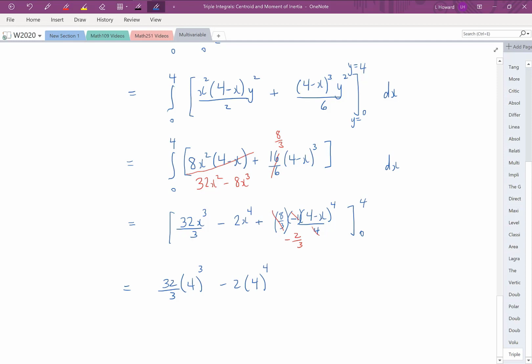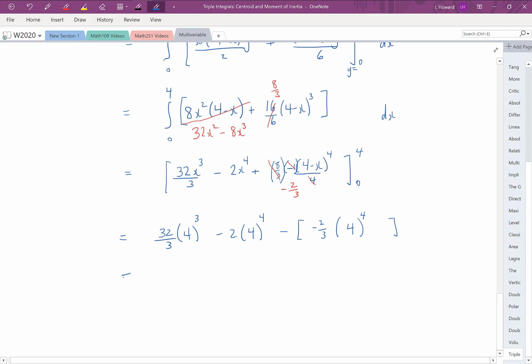And then this last term, when we sub in x equal 4, is going to be 0, so that's nice. And then we need to subtract off the values at x equals 0. Okay, well at x equals 0, the first two terms are 0, but the third term is not. We're going to have minus 2/3 and then 4 to the 4th when we evaluate at 0.